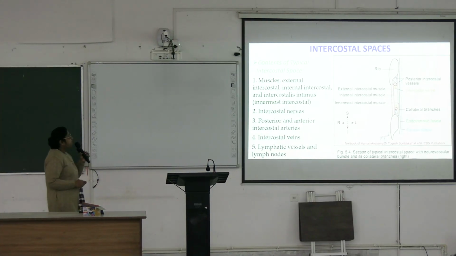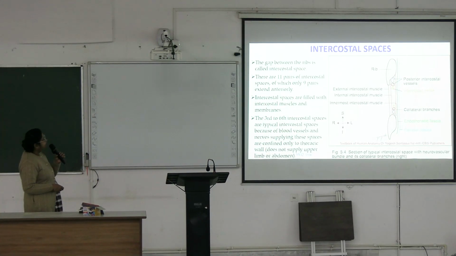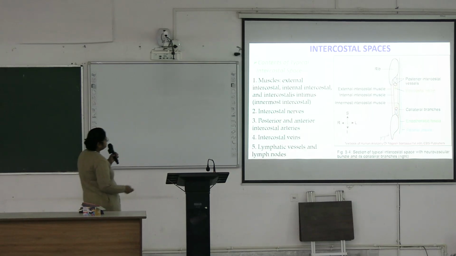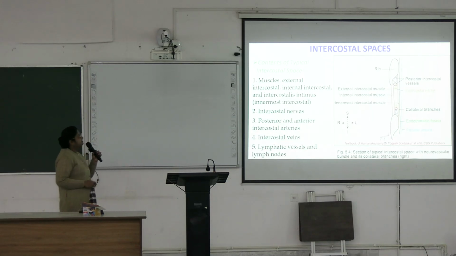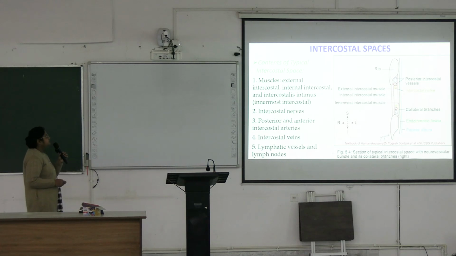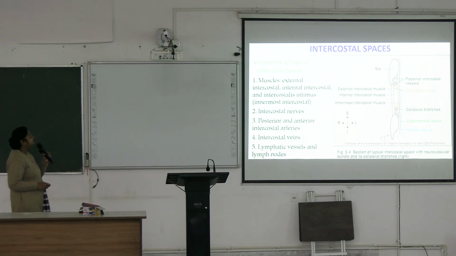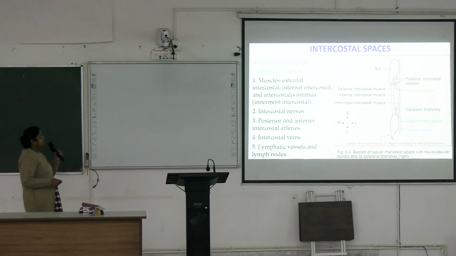So contents of the typical intercostal space. There are muscles, you have seen already. Muscles are external intercostal, internal intercostal, and intercostalis intimus or innermost intercostal. Intercostal nerves are there, this is nerve. Posterior, anterior intercostal arteries, these are the arteries.